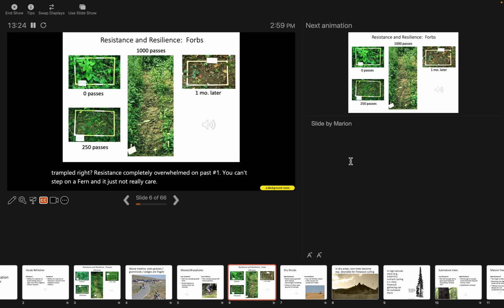After 1,000 passes, we've got more than height reduction. They're prostrate because they're dead. All right? So after 1,000 passes, we're up to 100% impact, and a month later, none of it's grown back.